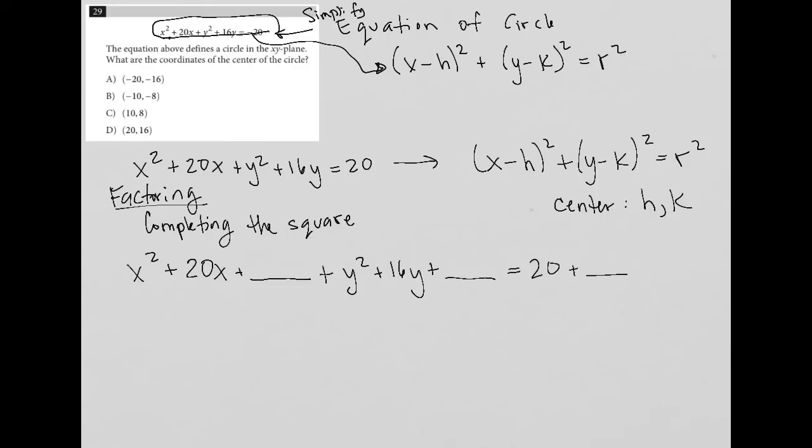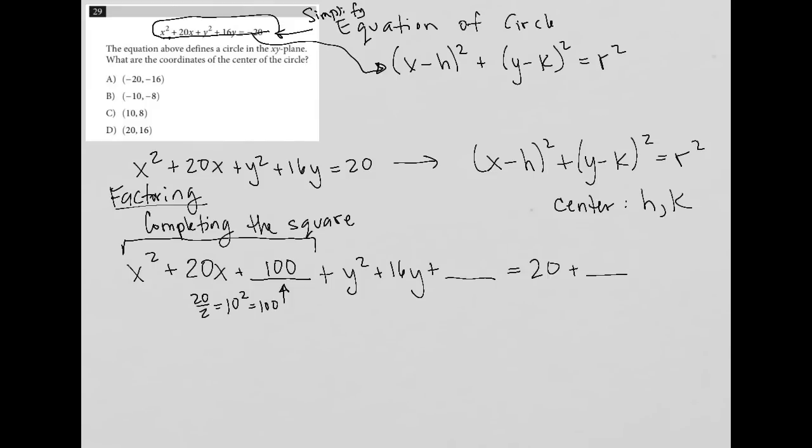So completing the square just means I need to find what number I can add here that makes this x portion a complete square. So the way I do that is I take half of the middle term, so 20 divided by 2, which is equal to 10, and then I square that number. 10 squared is equal to 100, and that's what goes here.